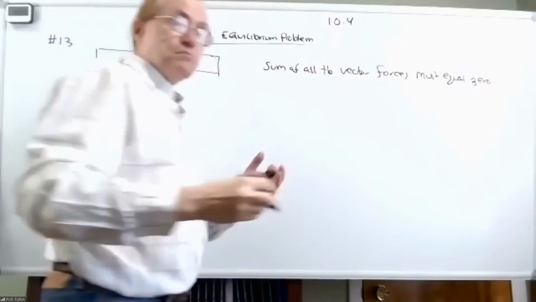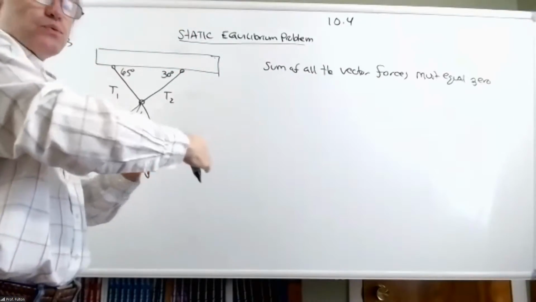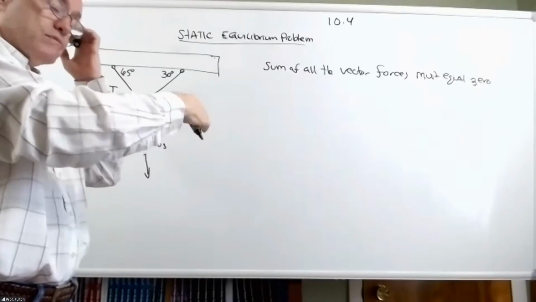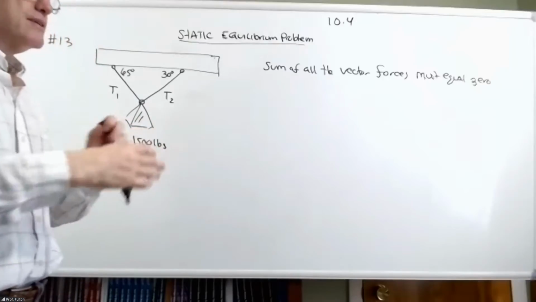That means it's not in motion. If there was an imbalance, then it would move. If there was a greater force in one direction, either up or down or left or right, it would move in that direction until it balanced itself out.